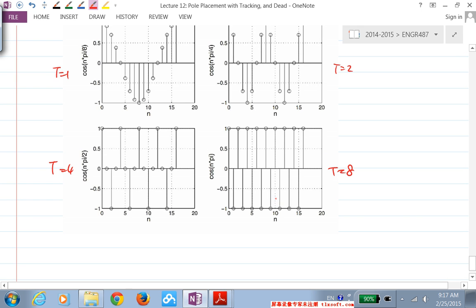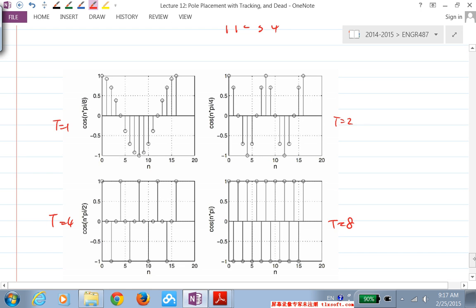But if the question asks which one has a better description of the original time signal, it's this guy here, right? That's the idea of the sampling time. Your sampling time needs to be fast enough, per the sampling theorem, to reconstruct the original one.